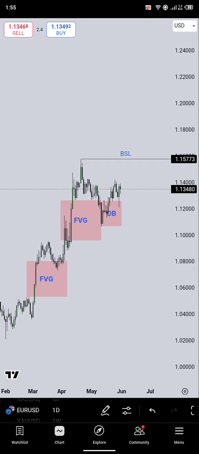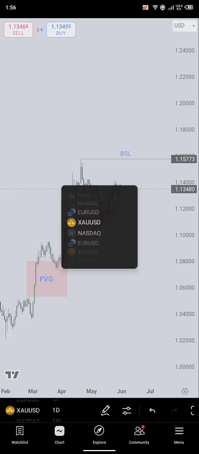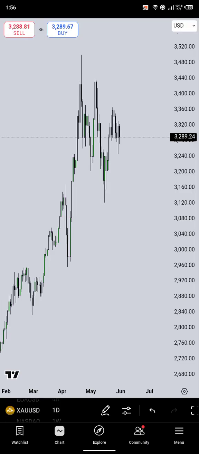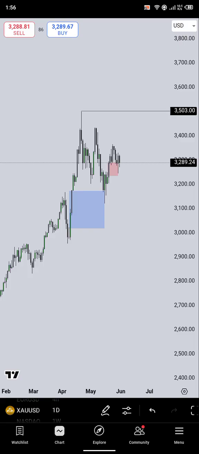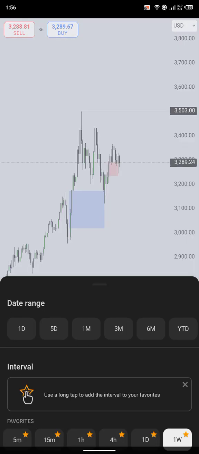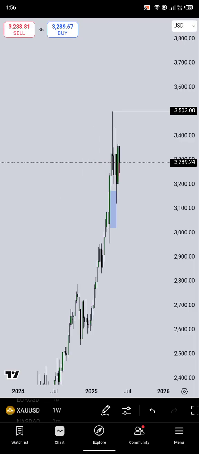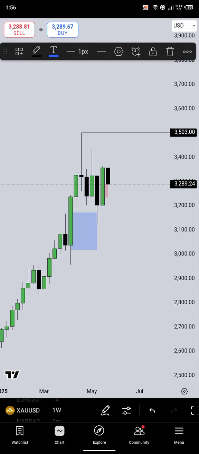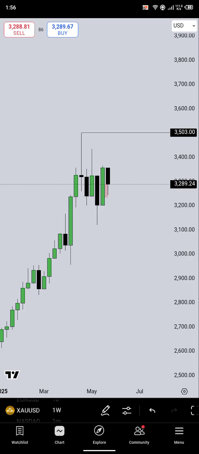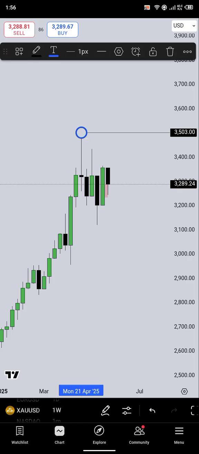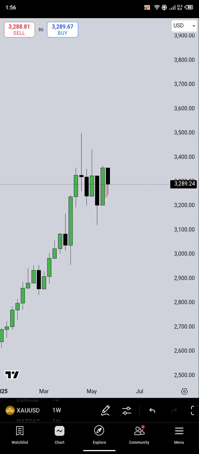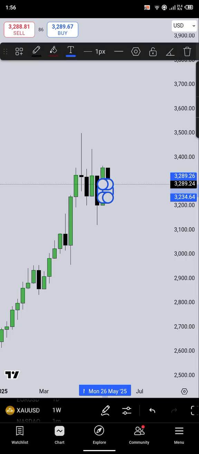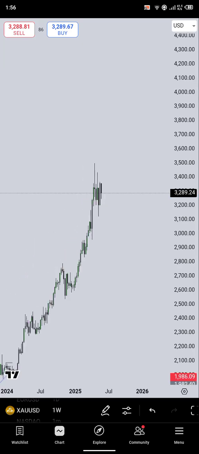Now on gold, let's come to a weekly time frame. Now gold is quite a pair that has done a quite interesting move over the time.